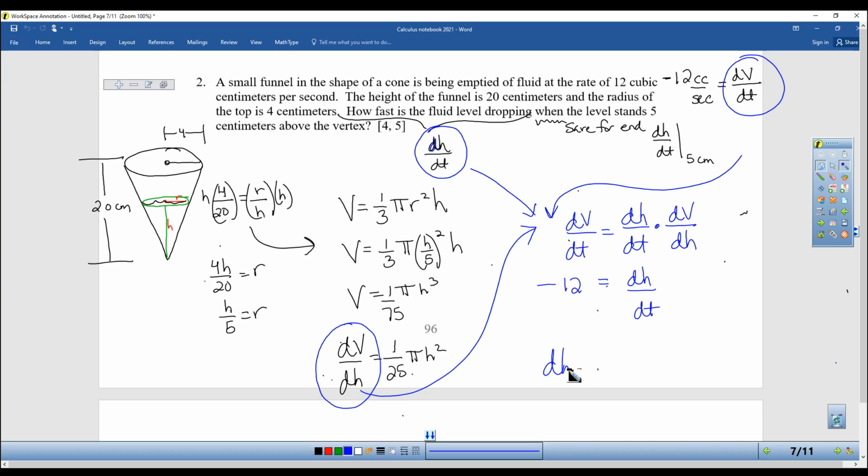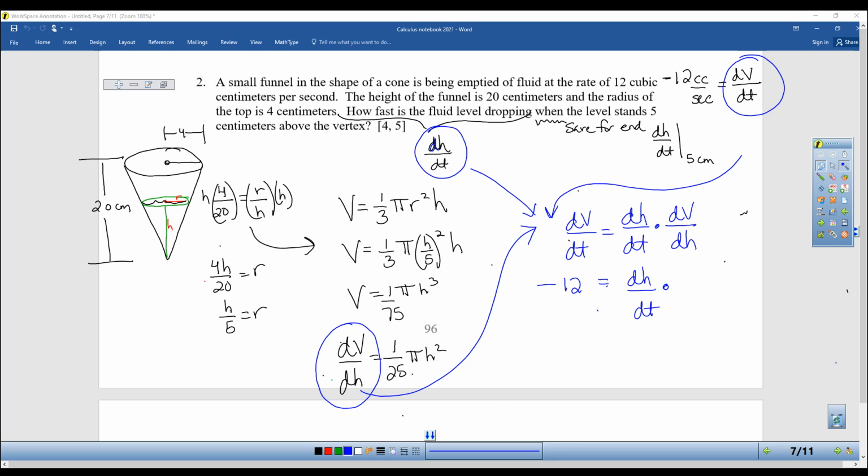They say, okay, I'm trying to find dH dt, and then they try to form their chain rule with this, and they get stuck. You can make a different puzzle, but it's definitely a little tricky that way, so I don't recommend it.